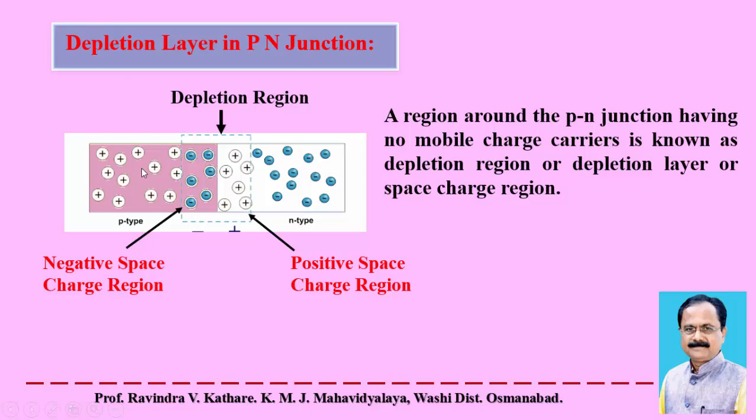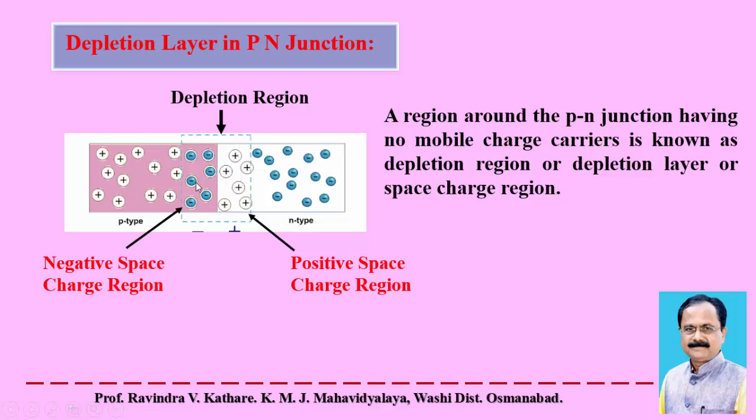When this diffusion takes place, near the junction on the p side the negative ions are left, and on the n side the positive ions are left.